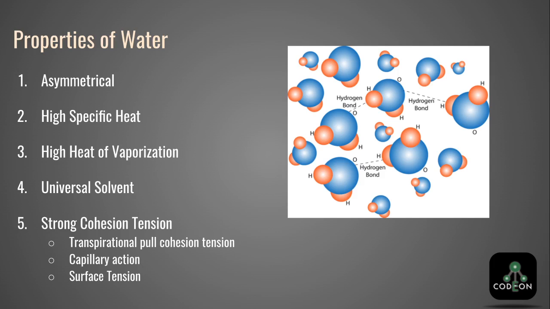Combining the forces of cohesion and adhesion, we have capillary action, which also happens within plants. And last but not least, we have surface tension. This is what allows insects to walk on water, because there is such attraction between the water molecules that very light organisms such as water bugs can just directly walk on it.